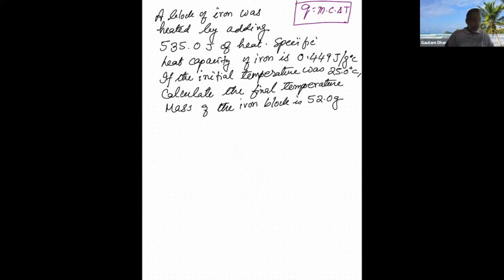So identify what is given and what you are asked. 535.0, yeah, that's the given. So what is that? That is Q, right? So write down what you have.